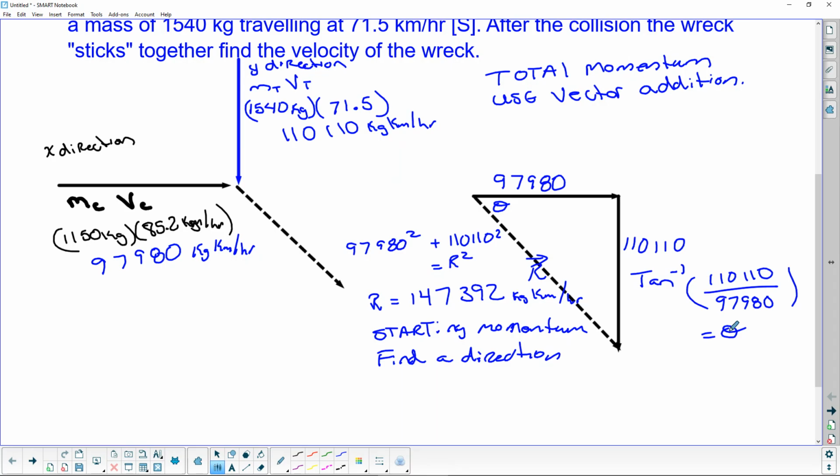So I take my calculator out, and inverse tan, make sure it's in degrees, shift tan, bracket, 110,110 divided by 97,980. Close my bracket. I have 48.3 or 48 degrees.